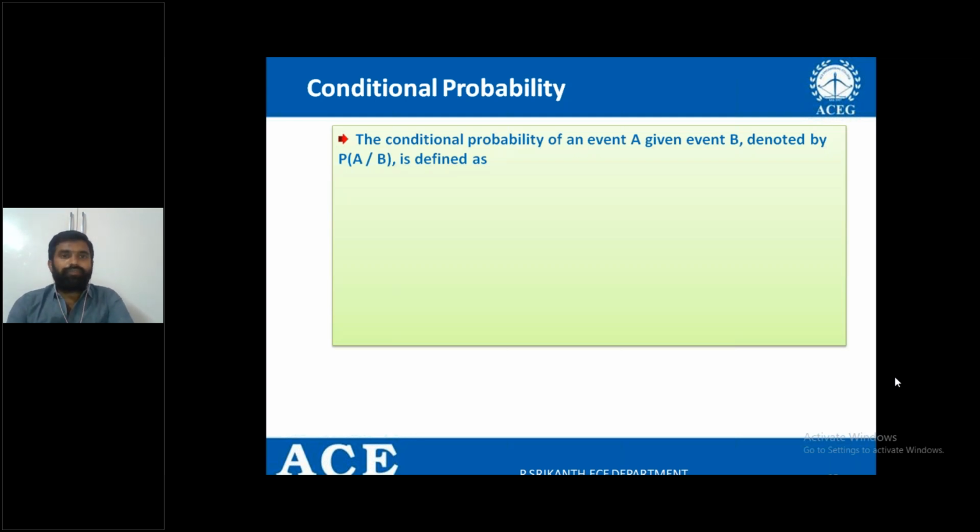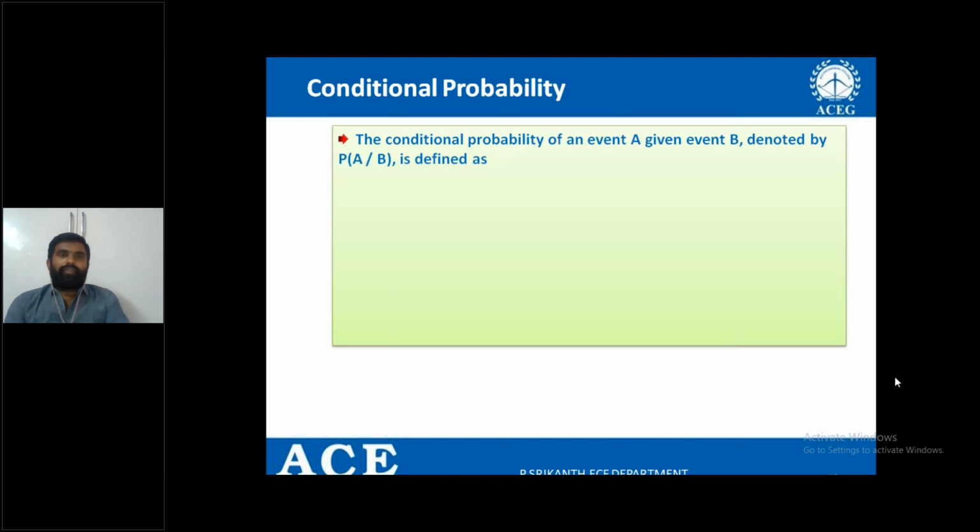At the same time, we have seen different properties of probabilities and how to find the probability for any application, which was discussed in the last class. And now we are going to discuss conditional probability.